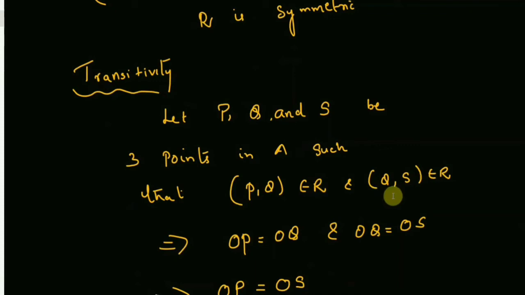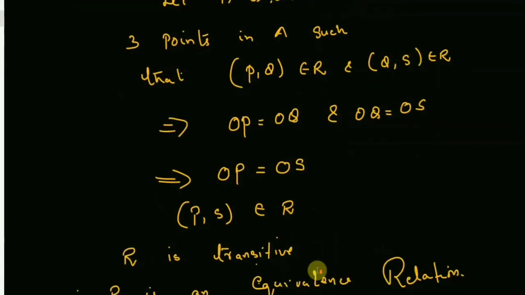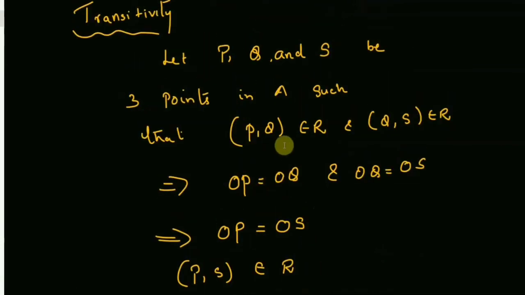(Q, S) belongs to R. That means OQ = OS. If OP = OQ and OQ = OS, that means OP will be equal to OS. If OP = OS, then (P, S) belongs to R.